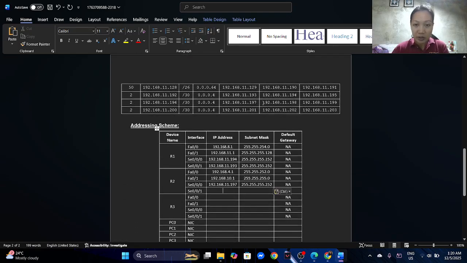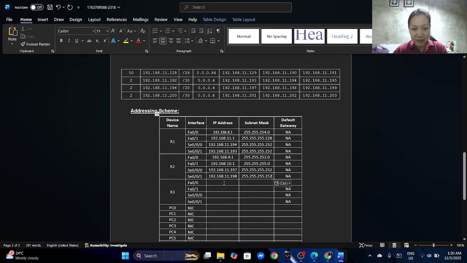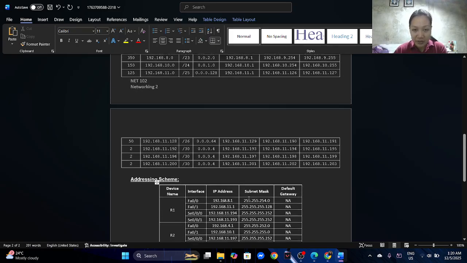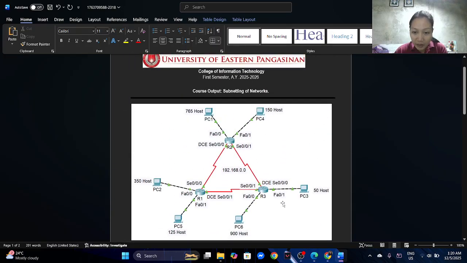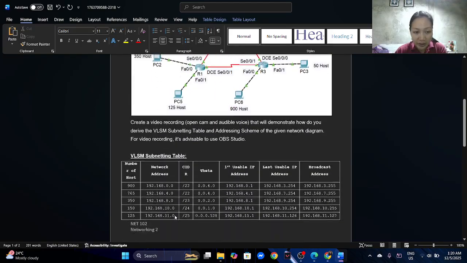Router 2's last usable IP address is 192.168.11.198. And the subnet mask is the same, 255.255.255.252. For router 3, FE0 is host 900.